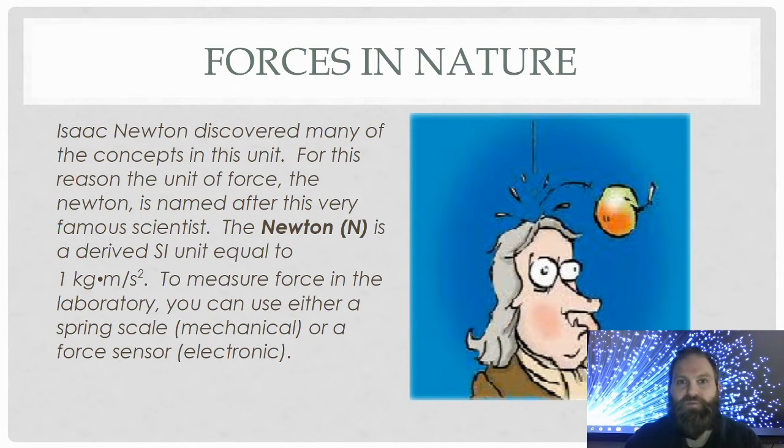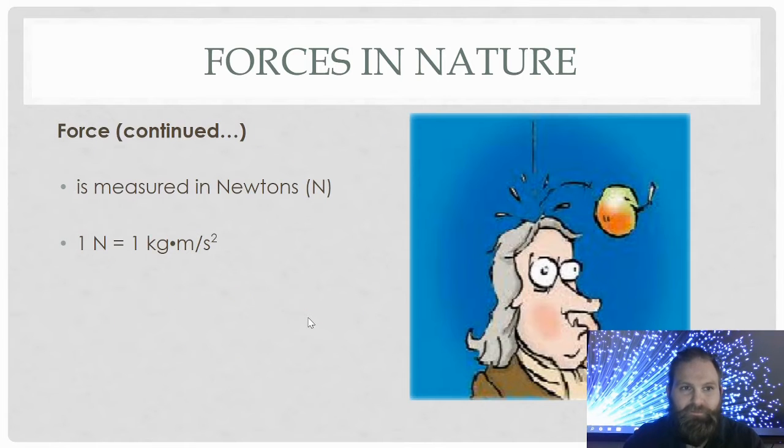I think that'll become much more obvious when we talk about Newton's laws. But for now, you can just remember a newton is 1 kilogram meter per second squared. To summarize, forces are measured in newtons, and 1 newton equals 1 kilogram meter per second squared. This little dot just means multiplied by.